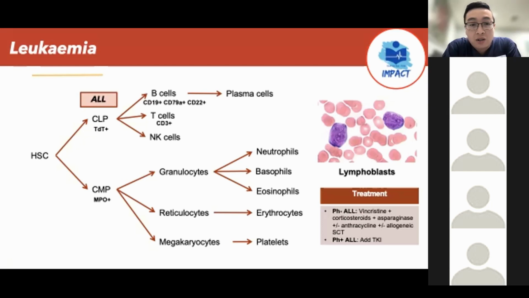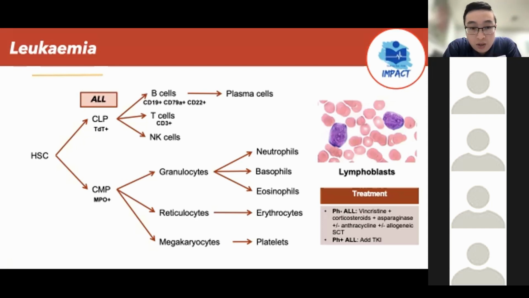When we think about the Philadelphia chromosome, we think about CML, chronic myelogenous leukemia, but it can occur also in acute lymphoblastic leukemia as well, and that's usually associated with worse prognosis. So Philadelphia positive ALL is bad, and usually occurs in adults. And does anyone remember the fusion protein that's created when you get a translocation between 9 and 22?